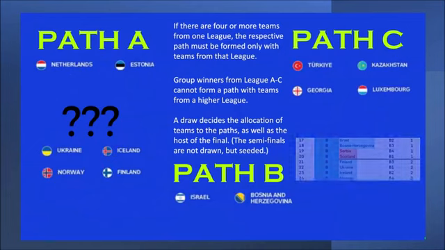So now, how would a draw go? Here you see Israel and Bosnia are group winners, so they cannot play the Netherlands.